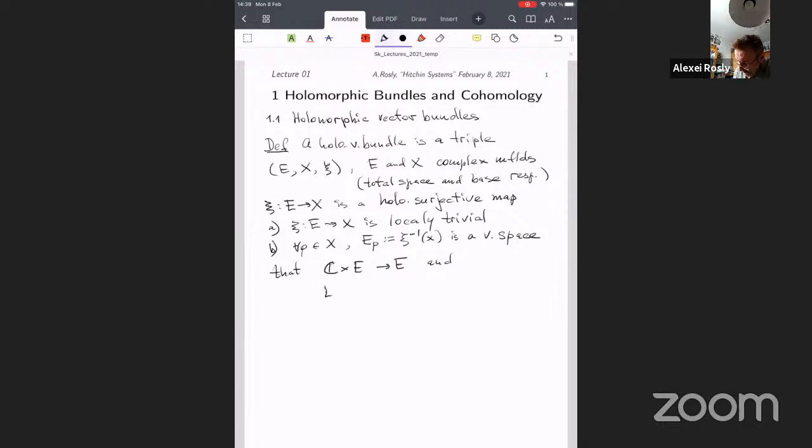So I take the direct product, but I want to leave here only the pairs of elements from the same fiber, which is denoted in this way. I will decode this. Both these should be holomorphic.